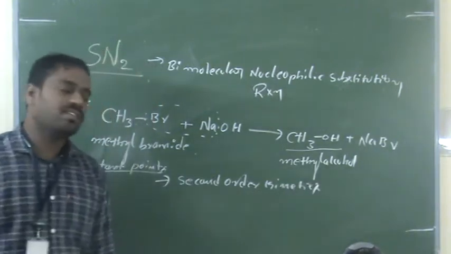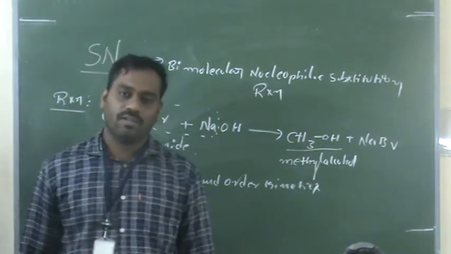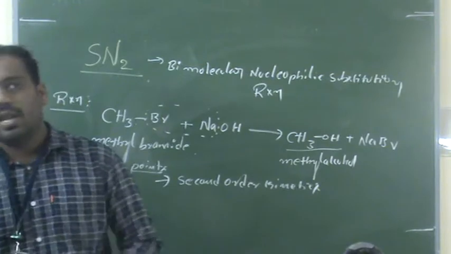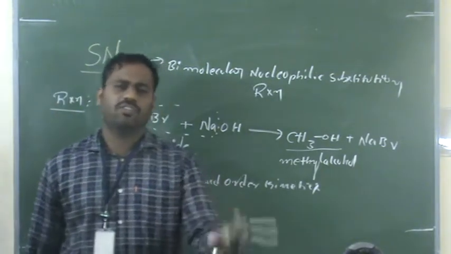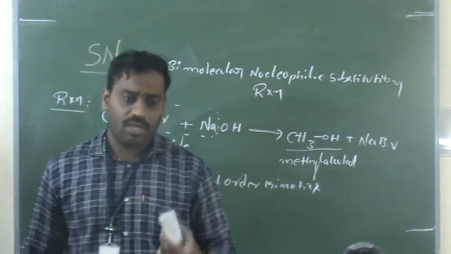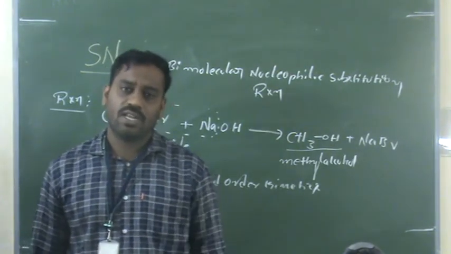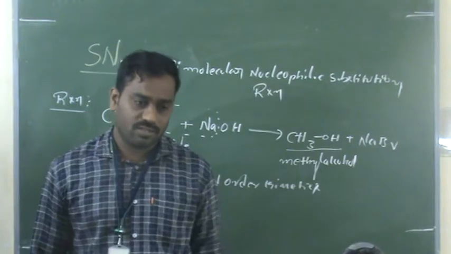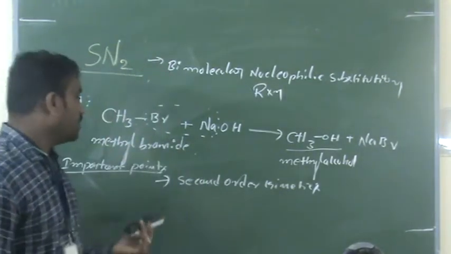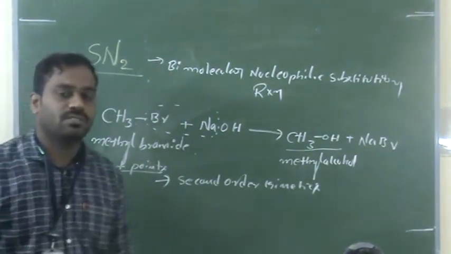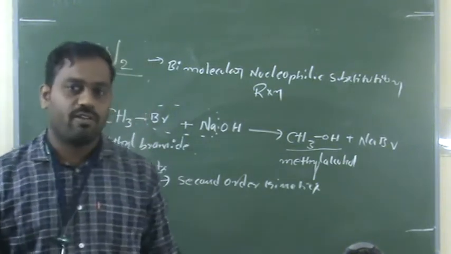In physical chemistry there is the chemical kinetics chapter. In that chapter, chemical reactions are divided based on their speed into zero order reactions, first order reactions, second order reactions, like that. This SN2 reaction is the best example of a second order reaction.